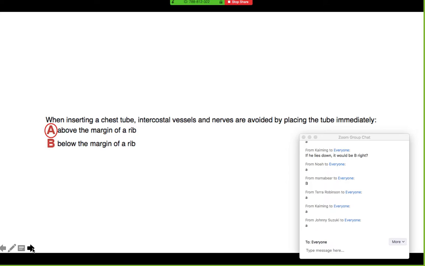So hopefully this helps clear up the confusion. If you're inserting a chest tube to remove fluid, you want to avoid the intercostal nerve. If you're trying to anesthetize the nerve, you want to get close to it without hitting it so the anesthesia actually affects the nerve.